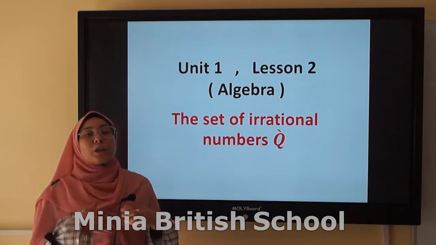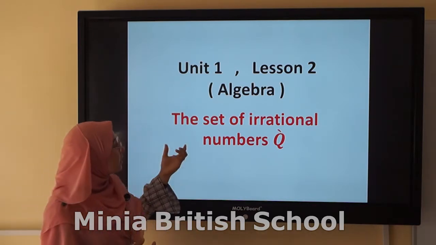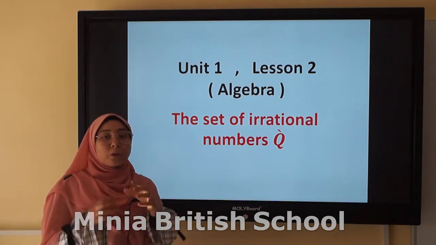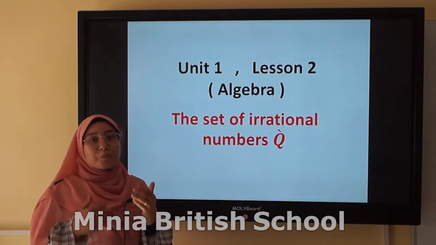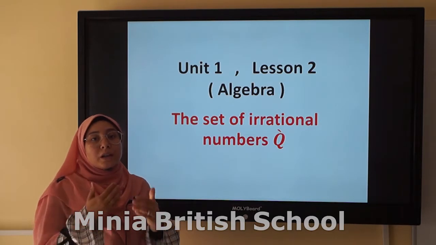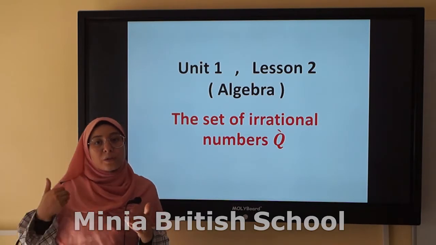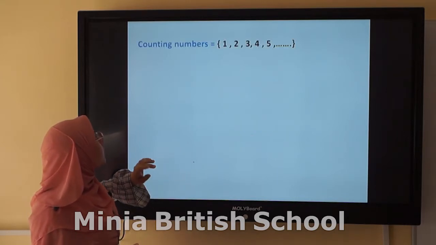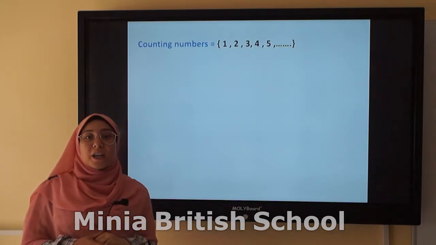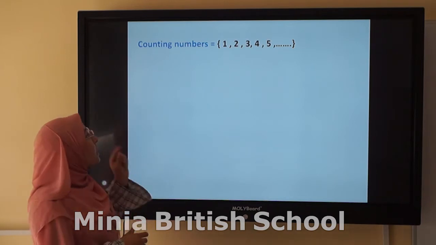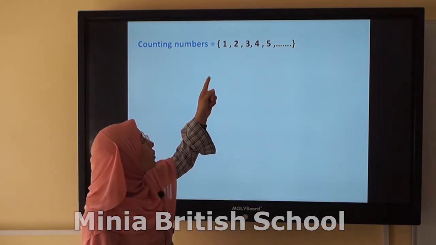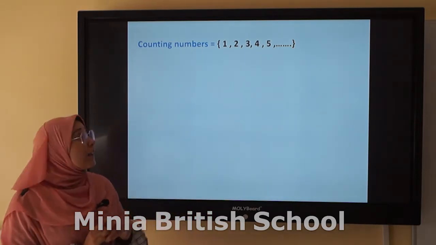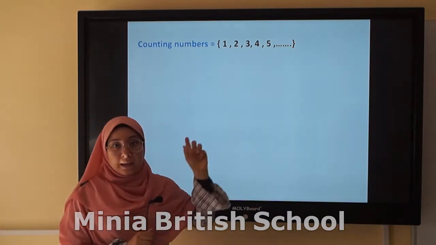To understand the set of irrational numbers, first I will make a quick revision to remember the sets which we have studied before. The first one, counting numbers, is a set of elements 1, 2, 3, 4, and so on, and we use it in counting.